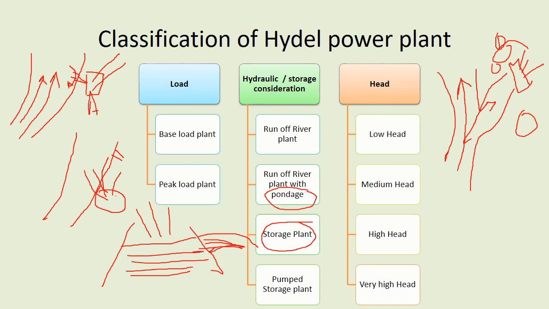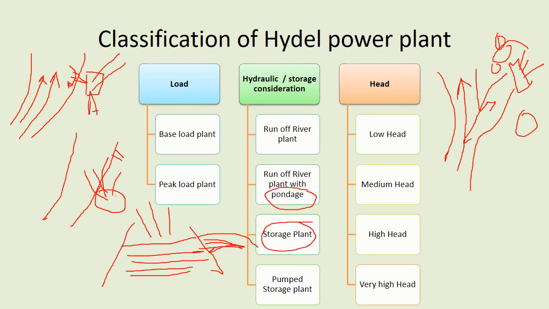But when they make a dam to store, and then the water comes to an area where they don't require it, areas with very low susceptibility to getting water, that is a man-made problem. So building a dam and then a flood coming is a man-made problem. But naturally, if the water level goes up, that is a natural problem. So this is the biggest problem of a storage plant.